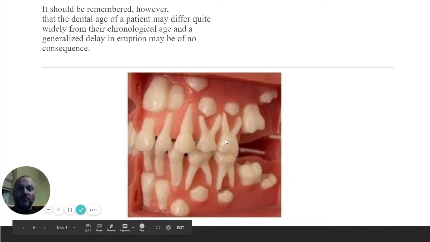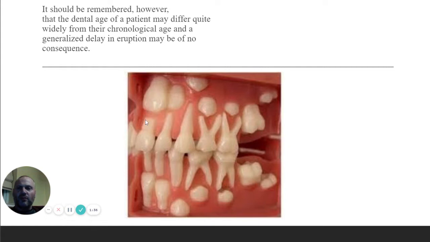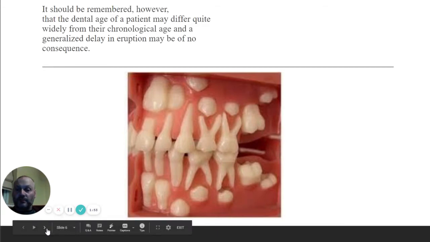You've got an image there of what's going on, a variety of deciduous teeth and permanent teeth pushing through. It will be remembered that at this stage, the dental age of a patient can differ widely from the chronological age. So if there are any delays in eruption, there might not be any specific consequence at this stage.